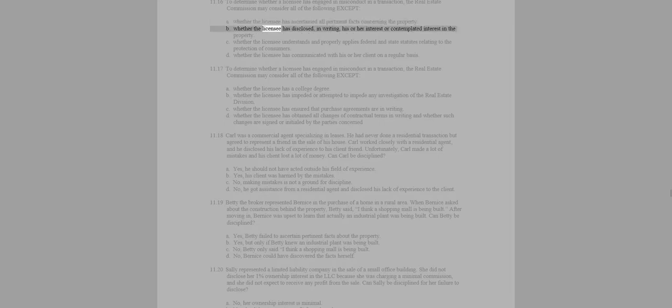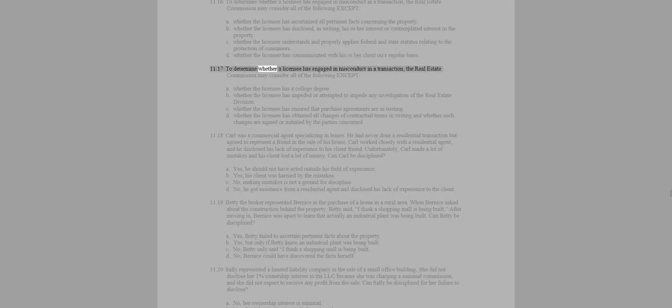B. Whether the licensee has disclosed, in writing, his or her interest or contemplated interest in the property. C. Whether the licensee understands and properly applies federal and state statutes relating to the protection of consumers. D. Whether the licensee has communicated with his or her client on a regular basis.